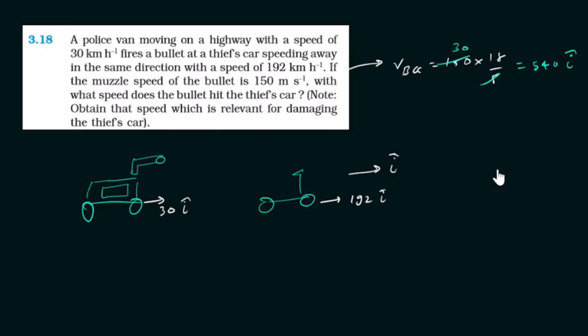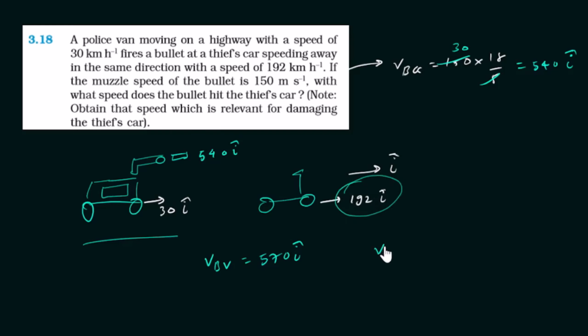Now we have different parameters, and the bullet which is fired from here has a speed of 540 I cap. Now with what speed will the bullet hit this particular bike? With respect to ground the speed of the bullet is 540, but it is fired from the van, so the speed of the bullet with respect to the van will be 570 I cap, and this is 192 I cap.